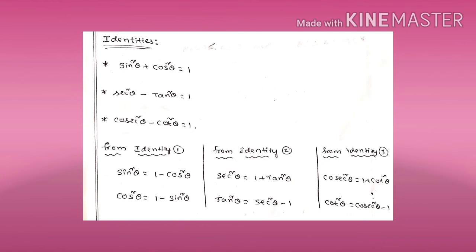Well, the third identity is cosecant square theta minus cot square theta is equal to 1, and its applicatives are cosecant square theta is equal to 1 plus cot square theta, and cot square theta is equal to cosecant square theta minus 1. You get these by using transposing rules.